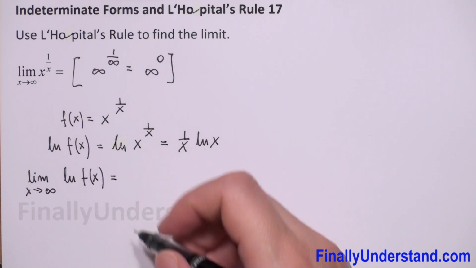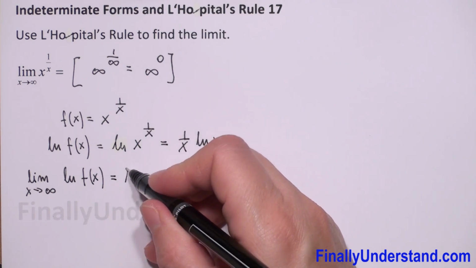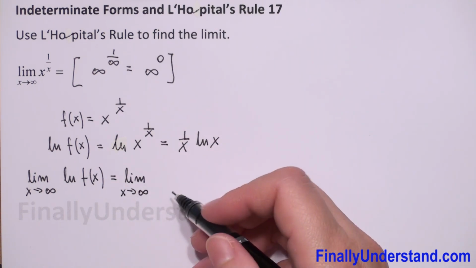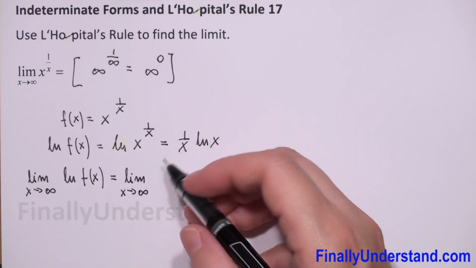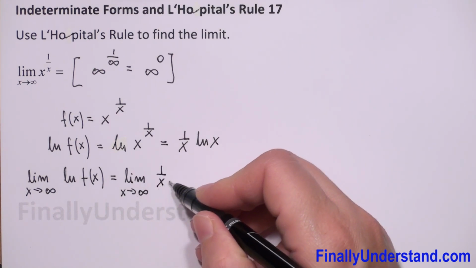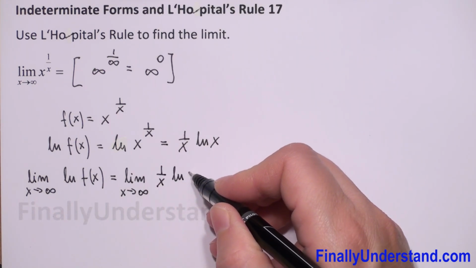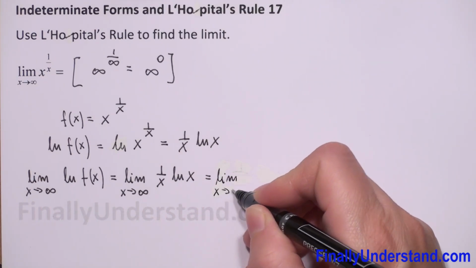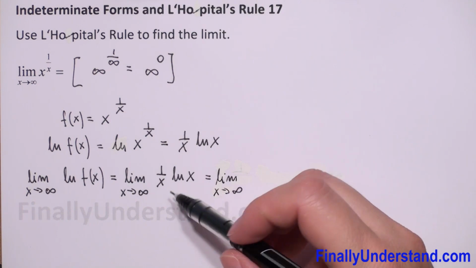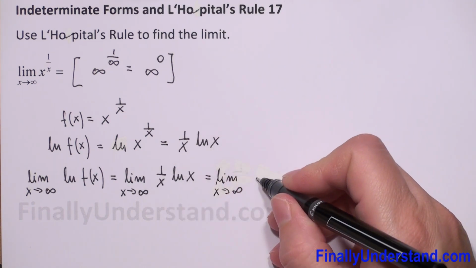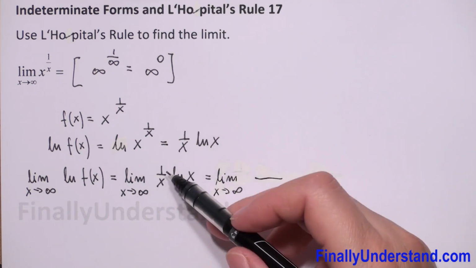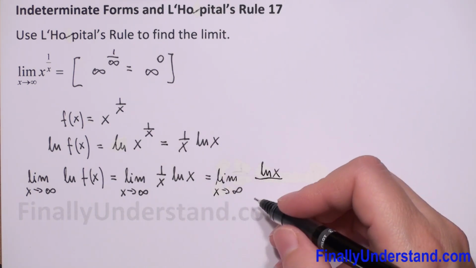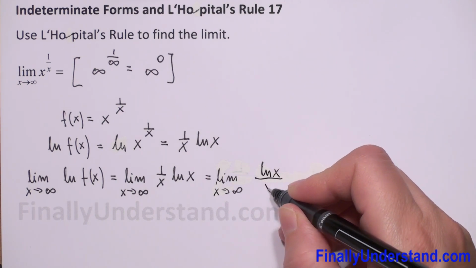This is equal to the limit as x approaches infinity of 1 over x times natural log of x. So we have natural log of x in the numerator, and in the denominator we have x.